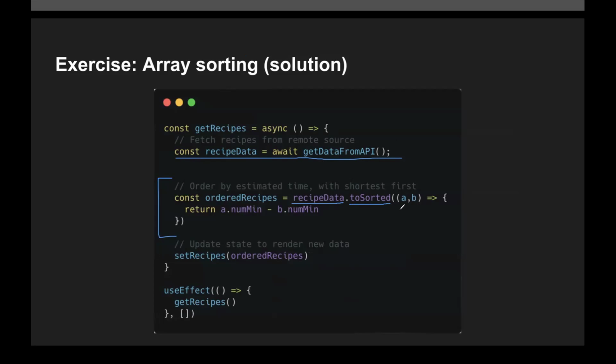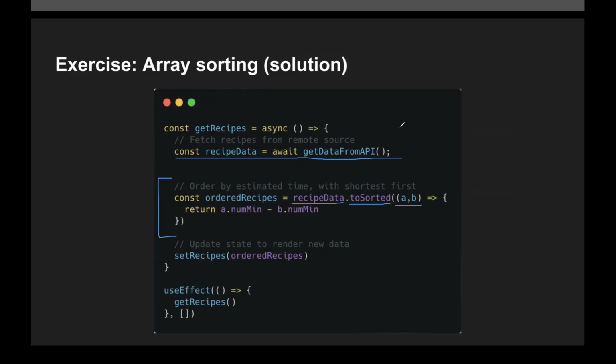So the way you do this is you pass in an anonymous function. You say, okay, if I take two elements from this array, we'll call them A and B here, I need to tell it, does A go first or does B go first in the ordering?